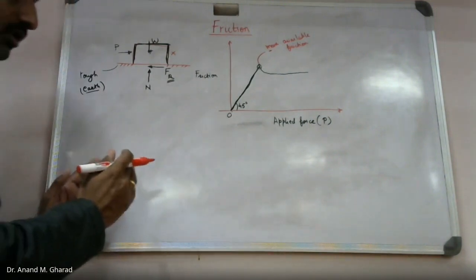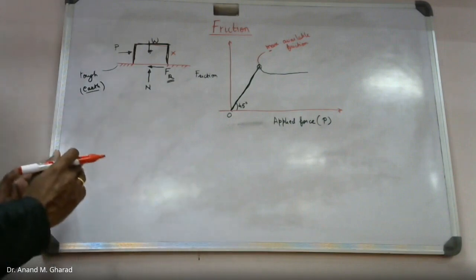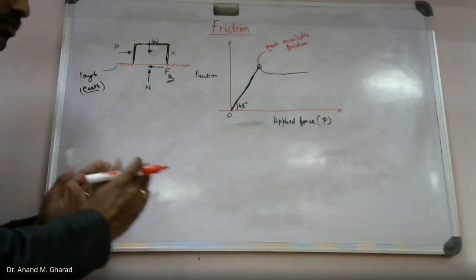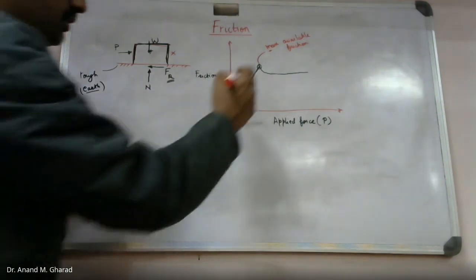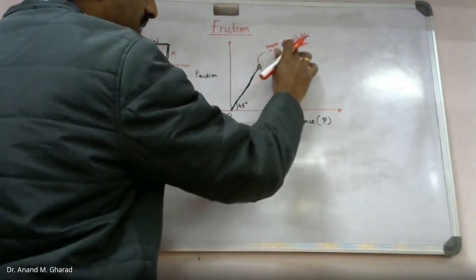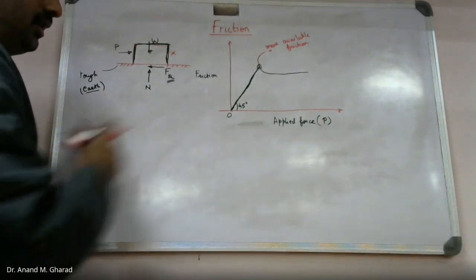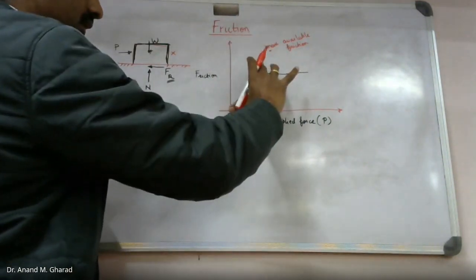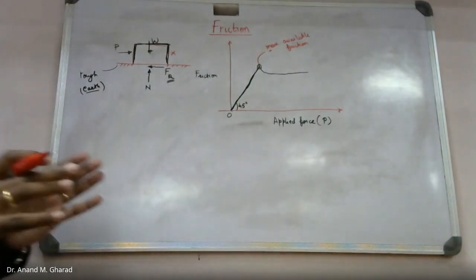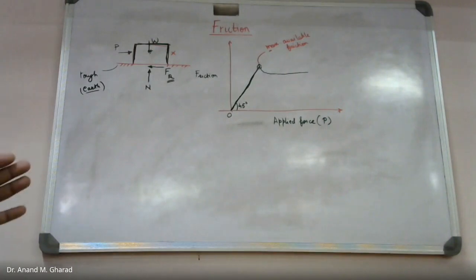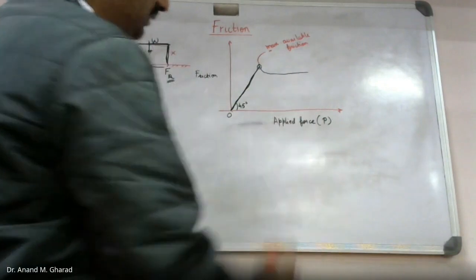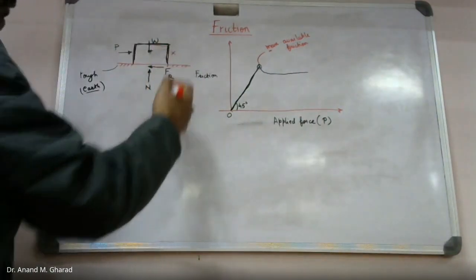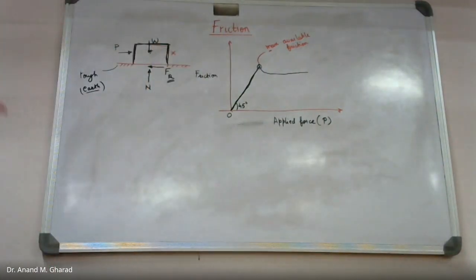It will try to get displaced from its original position. Up to this point, which is known as the maximum available friction, the rigid body is still in equilibrium. It is steady. However, after this, you will expect that the rigid body will gain motion and try to move.